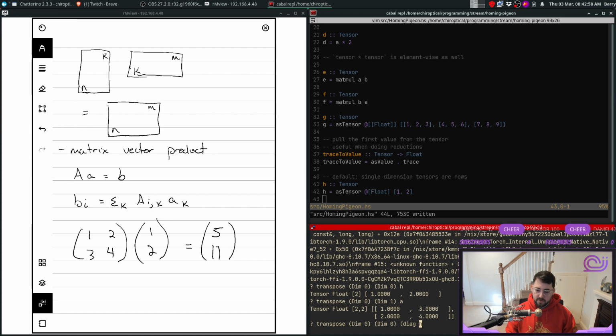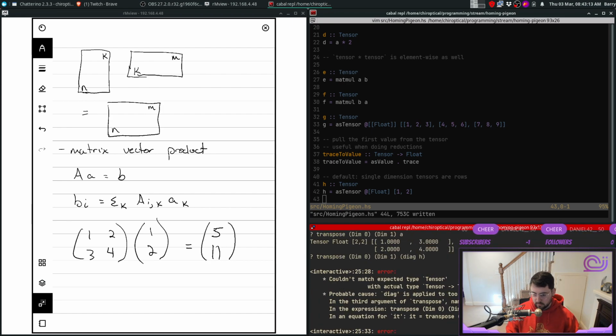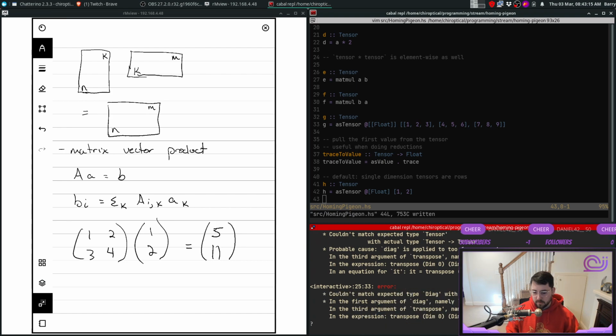So I think if we did diag H, well no, that doesn't work either, because then it's just going to give us back the same thing. But if we did this, then we would get, oh, right. I have to say diag dim 0 or something.